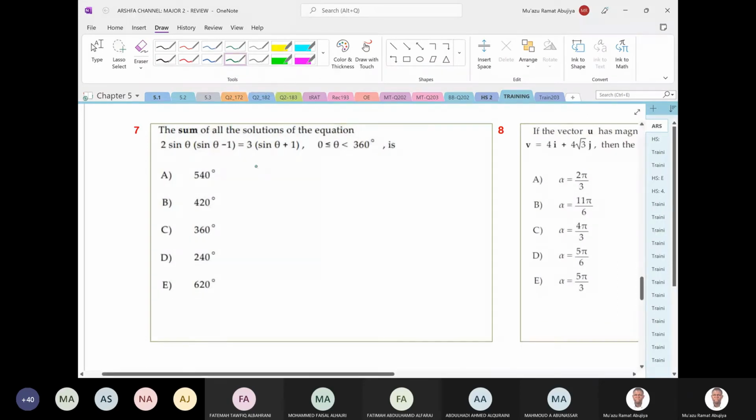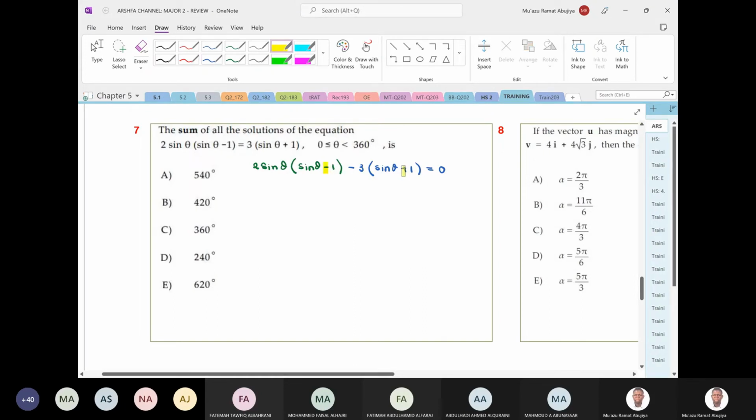So here we can say we have 2 sine of theta, then we have sine of theta minus 1. Now bring this one to this side. We have minus 3, then bracket open, sine of theta plus 1. And we can say this is equal to 0. Now we are in trouble. You know why? You see, this is minus.